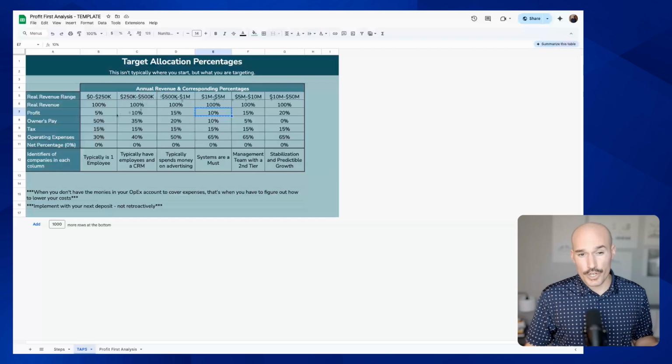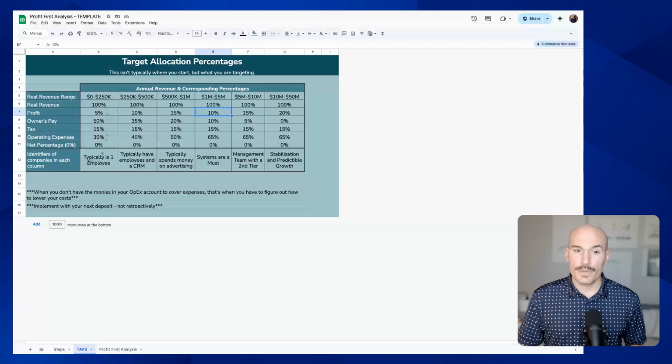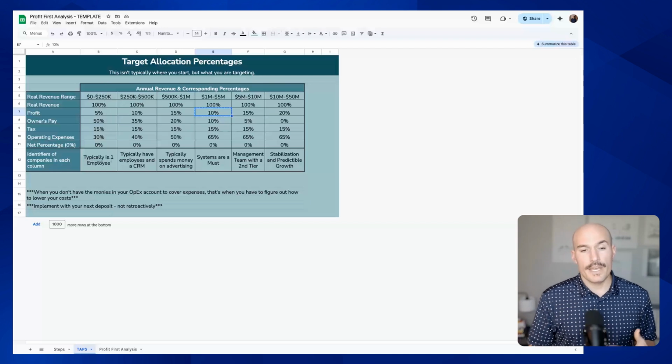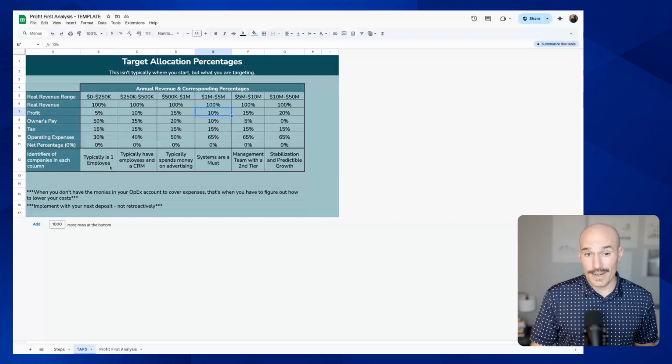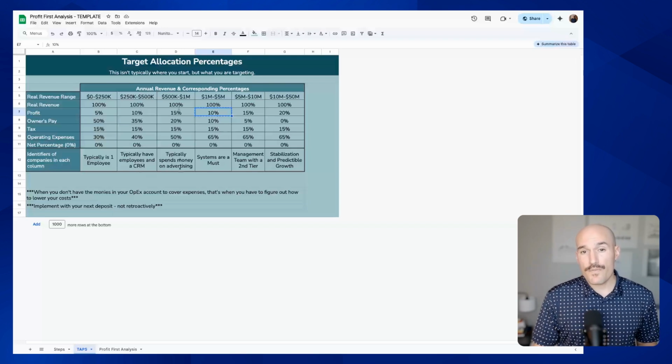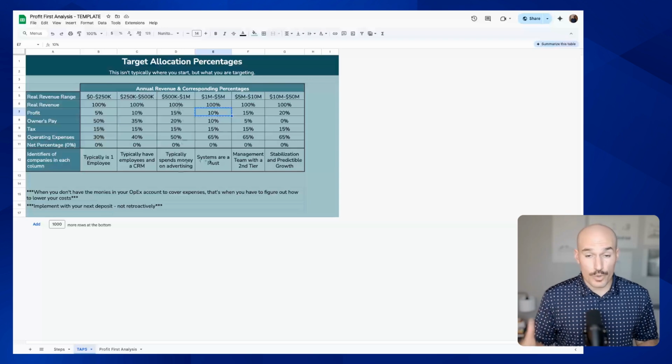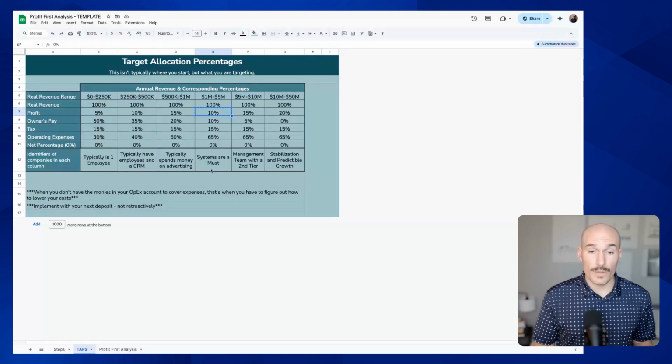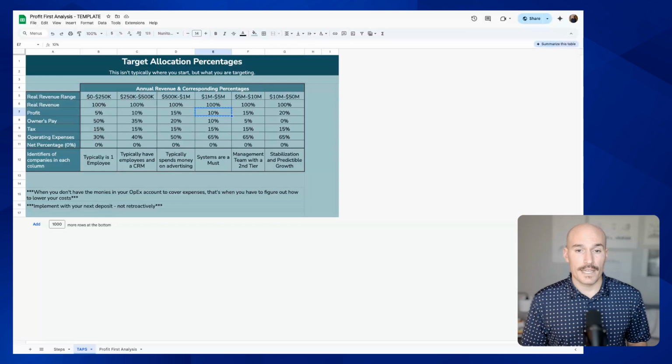If you aren't sure, then you can use these identifiers at the bottom. If you're typically just you and one employee, then you're likely in this first column. If you have employees and a really good CRM, then you're likely in this column. If you are spending money on advertising, then you're likely in this column. If you are building out systems and they are crucial to your business right now and people are following those religiously, you're likely in this column.